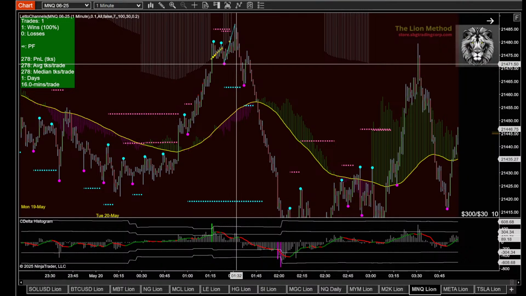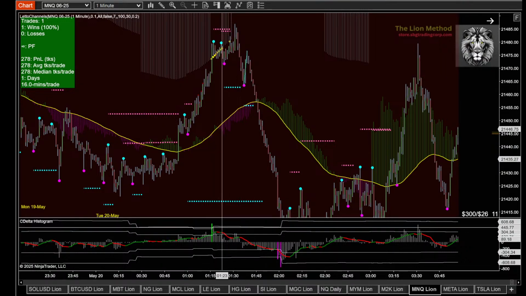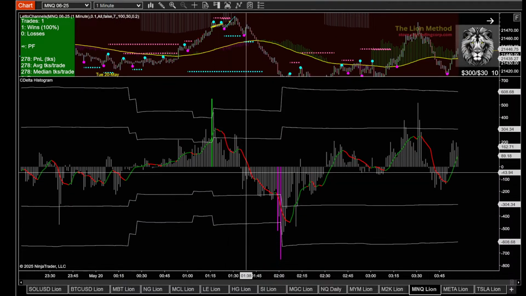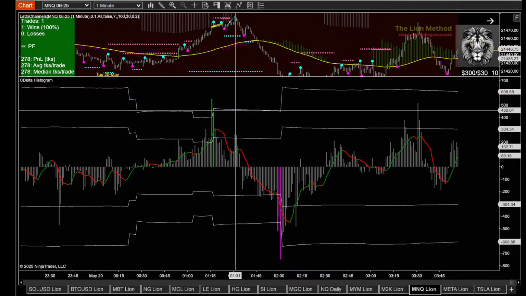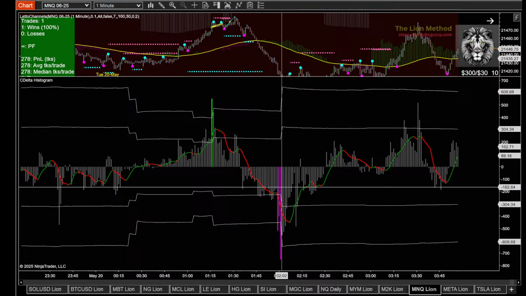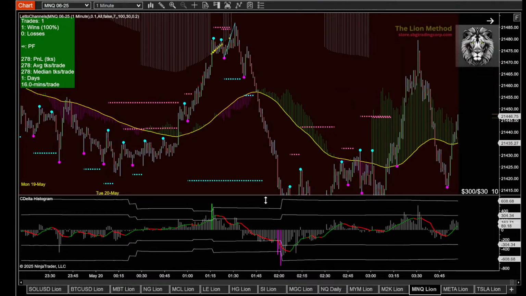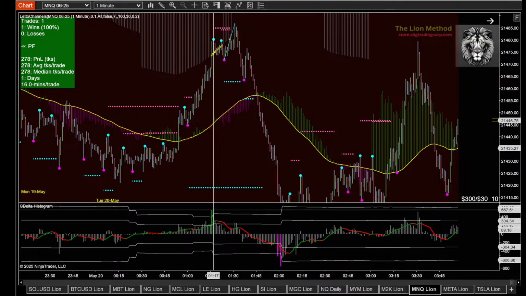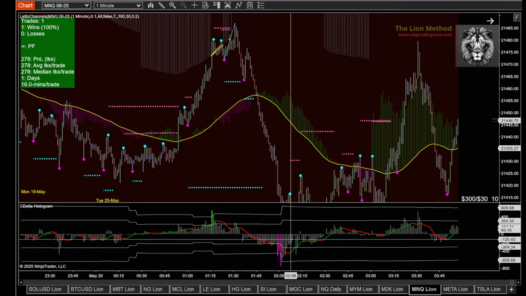So the order flow went from positive to negative right there. That is our point, and that is the bar that we entered on. So that's a good indication of time to go short. Another thing too is if you know about divergence. So this is a falling volume histogram.